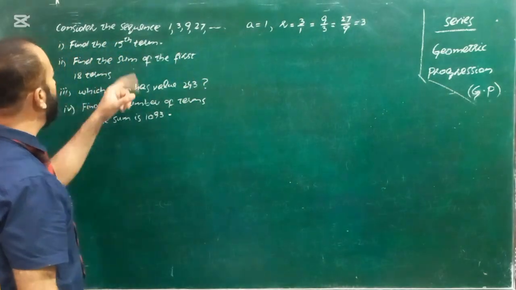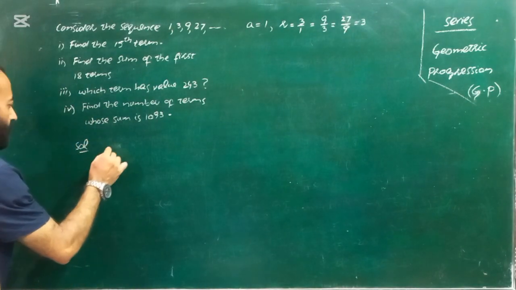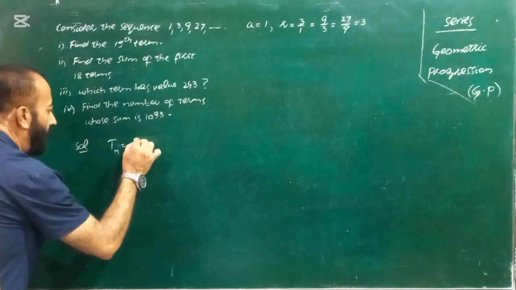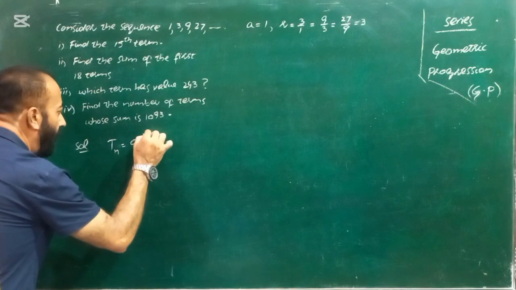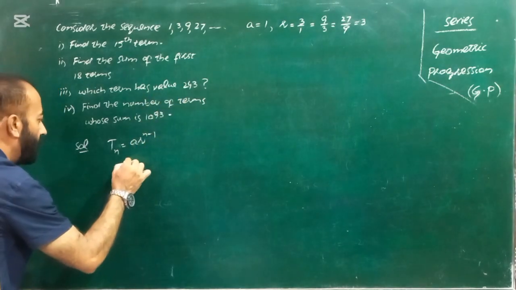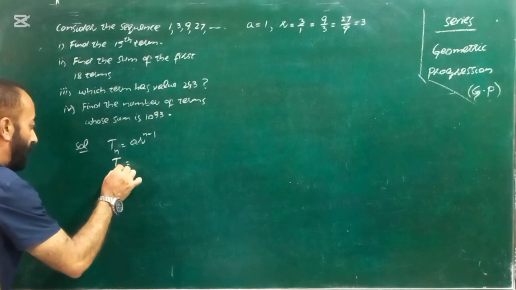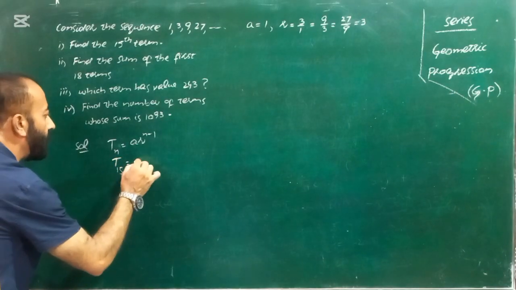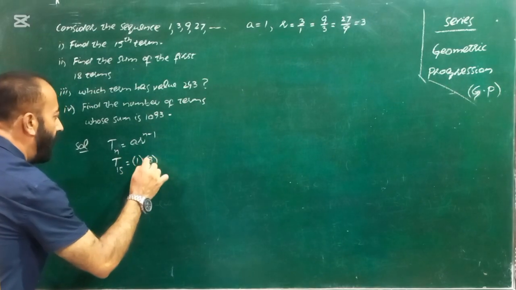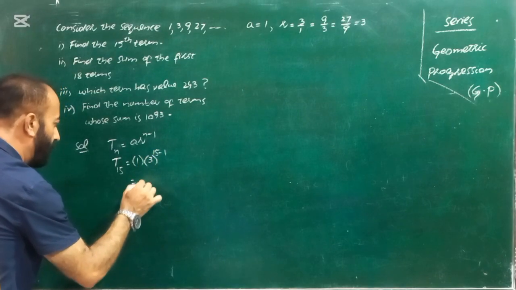So the requirement is to find the 15th term. Now look, the solution: the nth term formula is A R^(n-1). A is 1, R is 3. So for T15 we are putting n as 15. T15 is equal to A as 1, R as 3, and n is 15 minus 1, that will be 14.